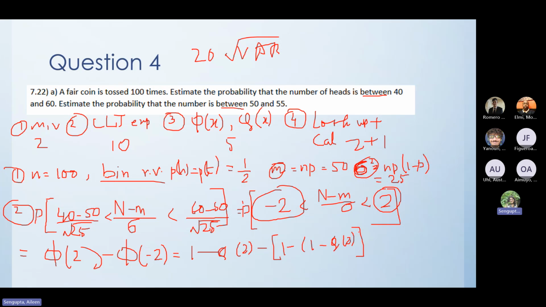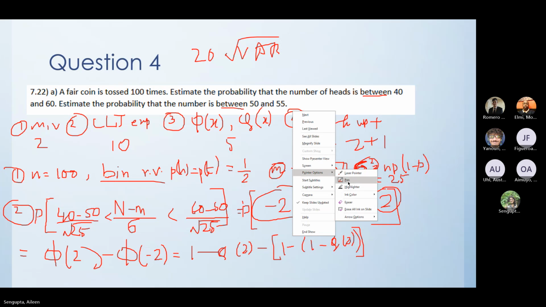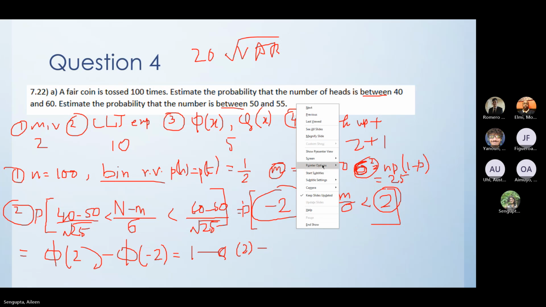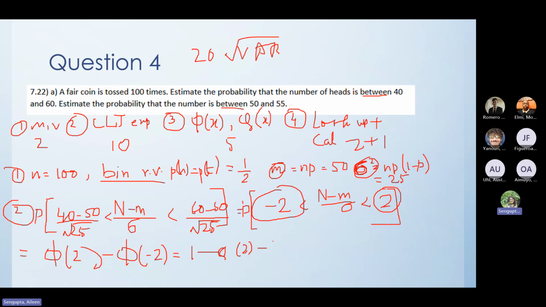So this is a very complicated expression. In fact, if you work this entire thing out, you're going to see that you come up with Q of 2 again. So instead of this entire big expression, I'm now going to substitute that with Q of 2. Right? So the first step is to convert this into Q of 2.